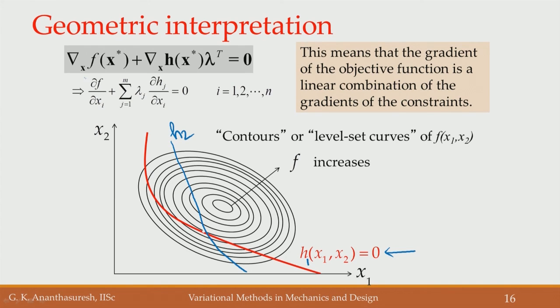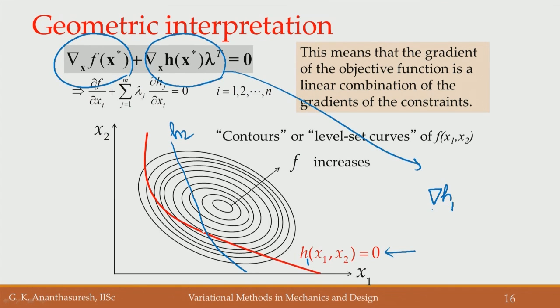Then what we have here is that the gradient of the objective function is a linear combination of these. What does that mean? It means that we have the gradient of h1 at that x times lambda 1, plus the gradient of h2 times lambda 2 for the second constraint, and the gradient of the objective function, all of these at this x here, should sum to 0.